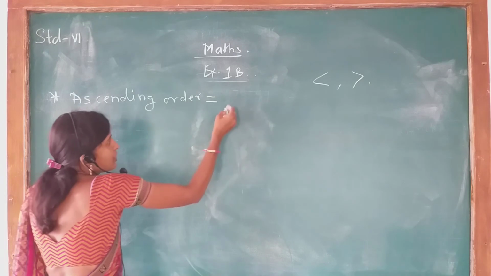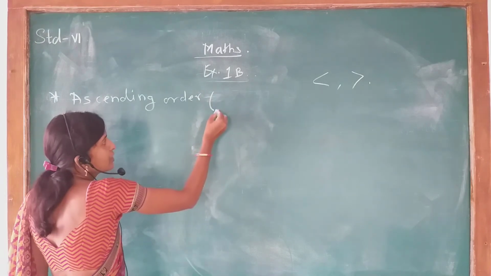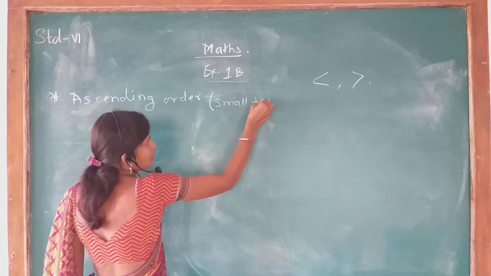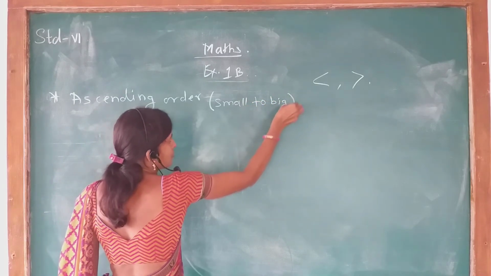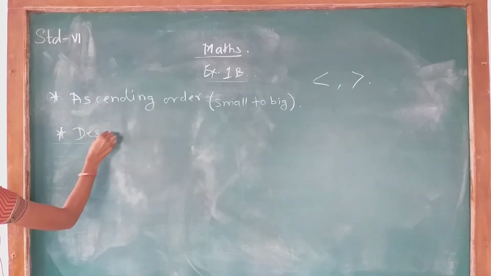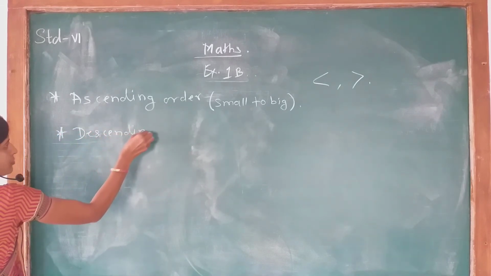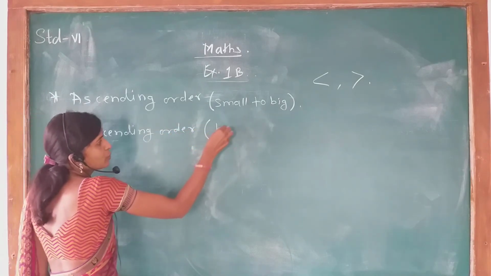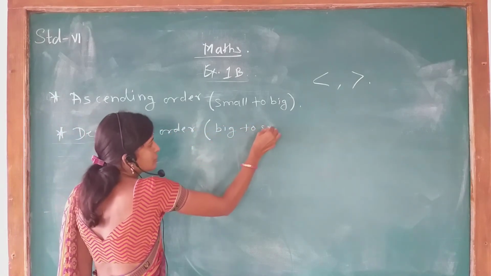Ascending order means we have to arrange the numbers from small to big, and descending order means big to small, in short.